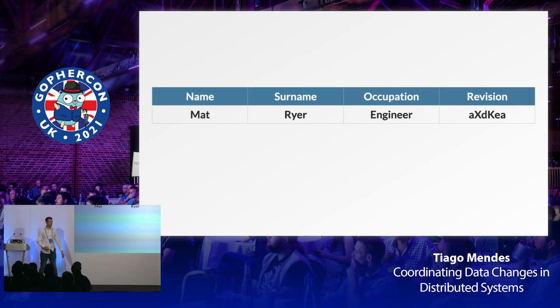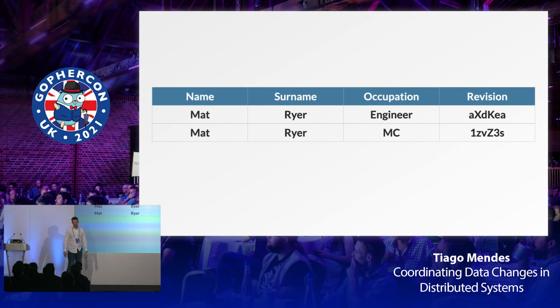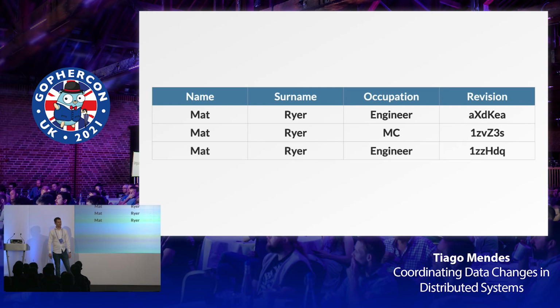And then profile will know that if I change this occupation to MC at this point, I will then need to grab the occupation that was there before in the previous revision and then do a new update with a new revision, but with the data as it was before. And that's how we can manage our rollbacks and keep data consistent.